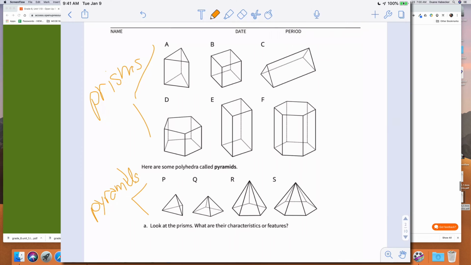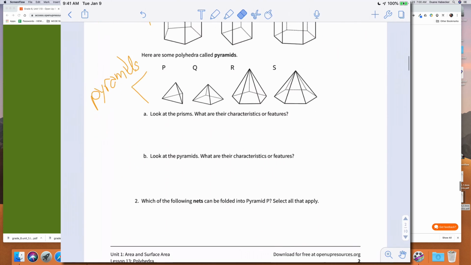Parents and teachers, we're going to need to give our students some time to talk about it and think about it. And if you look, wow, this shape looks kind of like it could be a pyramid, but it's not. So we're going to want to give our students some time to think about, well, what is the distinguishing feature between prisms and pyramids?